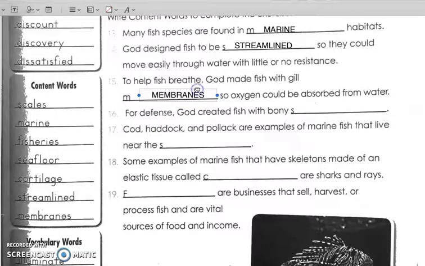Number 16, for defense, God created fish with bony scales. Now we got different types of fish in number 17. Cod, haddock, and pollock are examples of marine fish. They live near the seafloor, the bottom of the ocean. Some examples of marine fish have skeletons made of an elastic tissue called cartilage. We have this on the tip of our nose, cartilage.